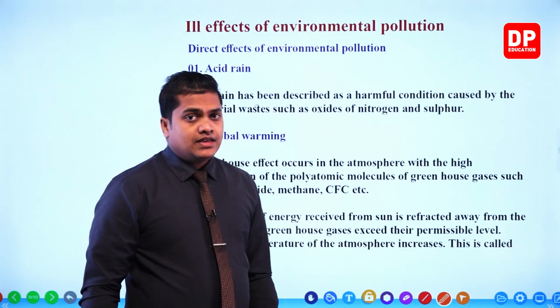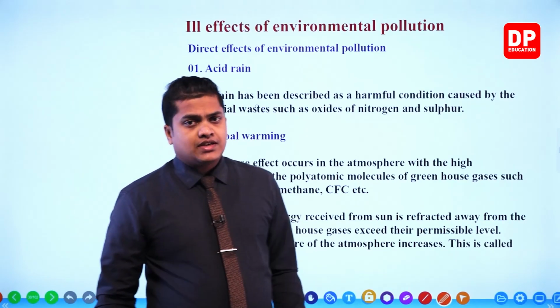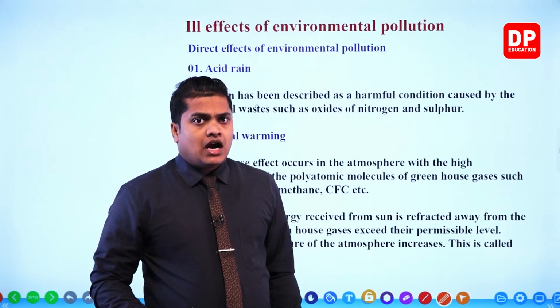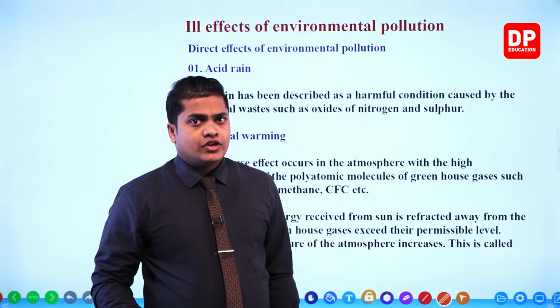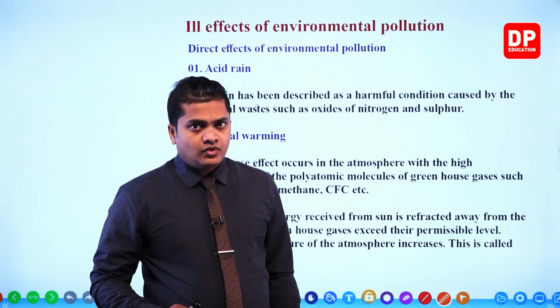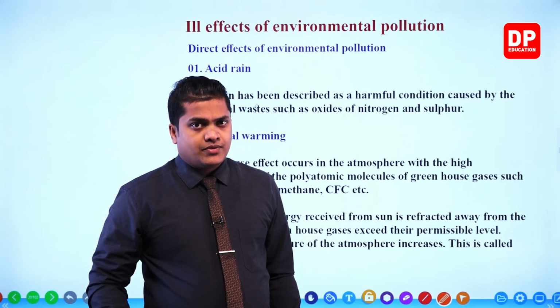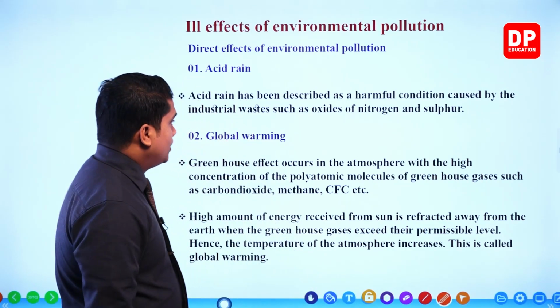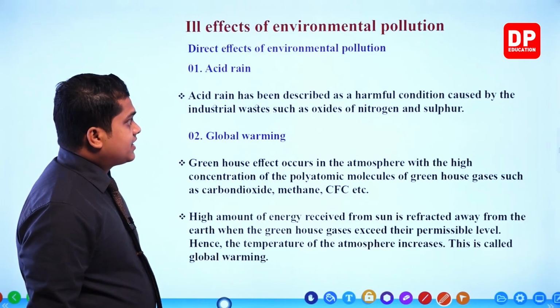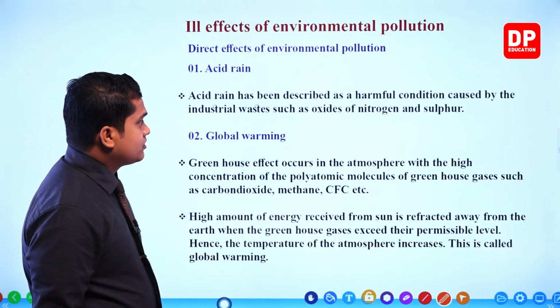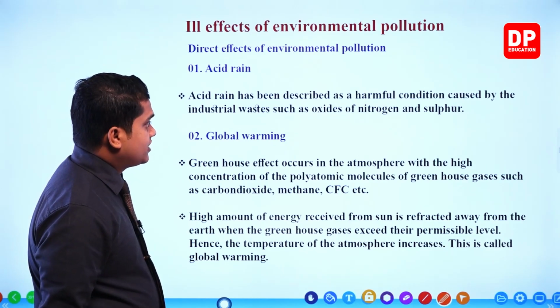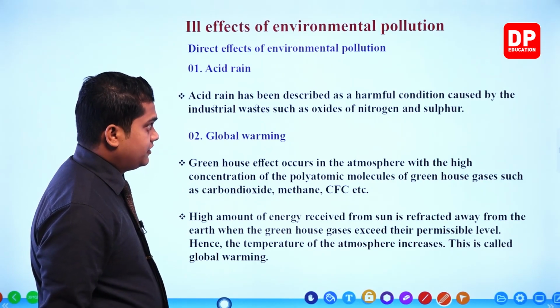I think in the earlier chapters we discussed in detail how acid rain is created, and we even discussed what the adverse effects of acid rains are. Acid rain has been described as a harmful condition caused by industrial waste such as oxides of nitrogen and sulfur.